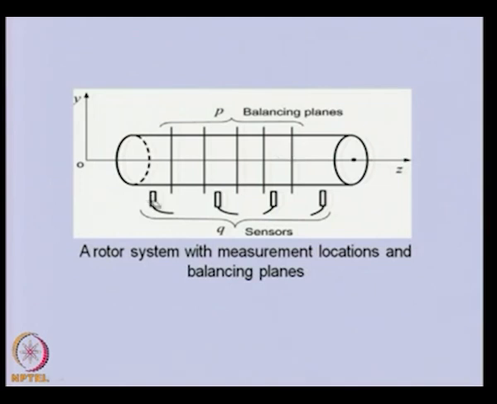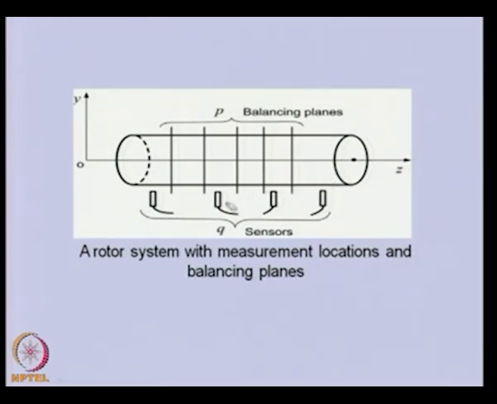We can conveniently choose the measurement locations also. Generally, in actual rotors, the measurement will be available at the end of the shafts where the bearings are. Wherever bearings are there, we will be having access to the rotor, and there we can measure the response.